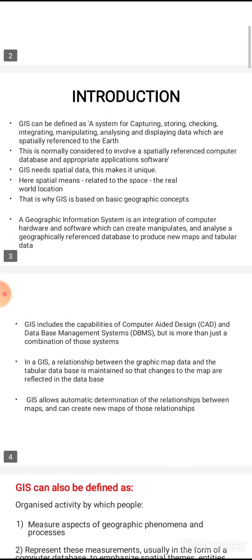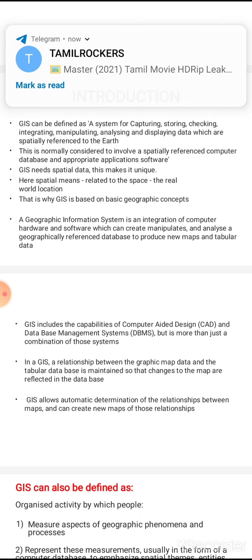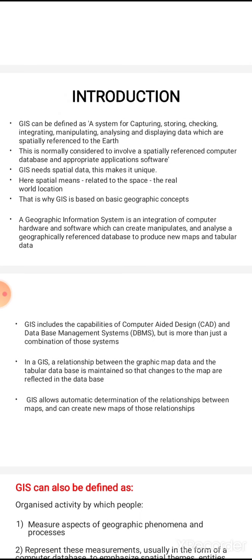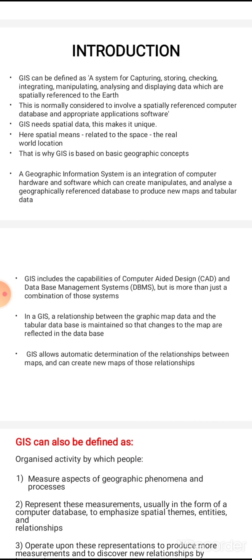So here the function of GIS is to produce new maps and tabular data by using those spatial data. Okay. So here geographical information system works with the integration of computer hardware and software. GIS includes the capabilities of computer-aided design and database management systems, but is more than just a combination of those systems. Okay, GIS is a combination of CAD, computer-aided design, and database management system, but it is more than the combination of those two systems.